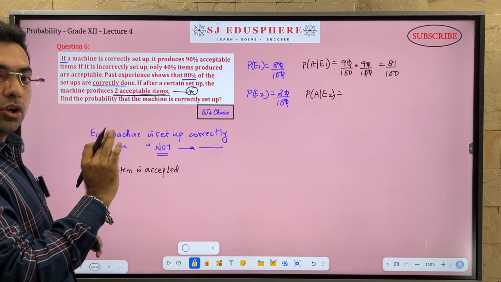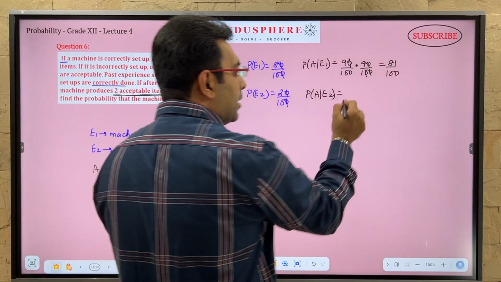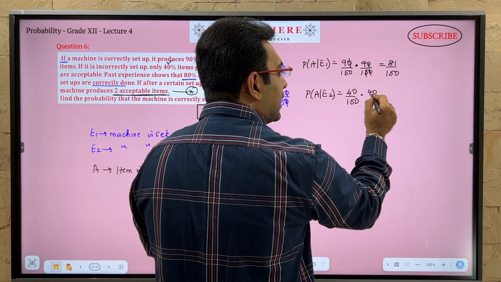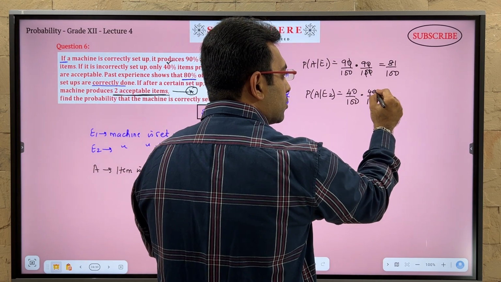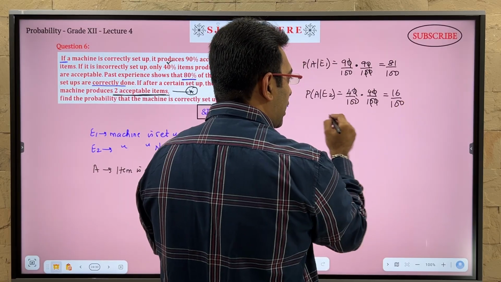When the setup is not correct, only 40% of the items are accepted, meaning the first item is accepted and the second item is accepted. So again the two zeros are cancelled. I have 16 upon 100.